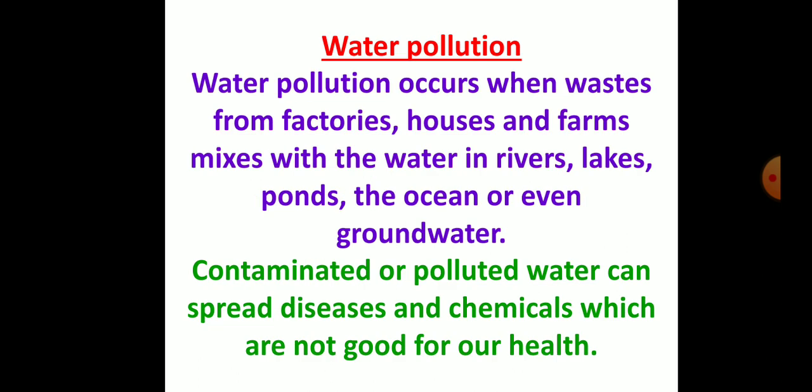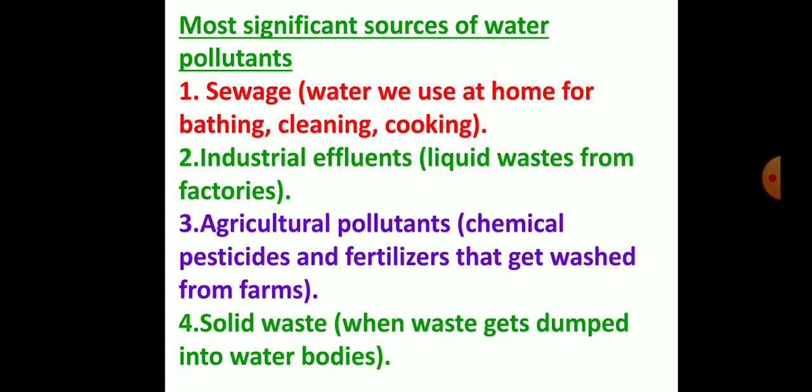Avoid fireworks. Water pollution. Water pollution occurs when waste from factories, houses, and farms mixes with the water in rivers, lakes, ponds, ocean, or even groundwater. Contaminated or polluted water can spread diseases and chemicals which are not good for our health.